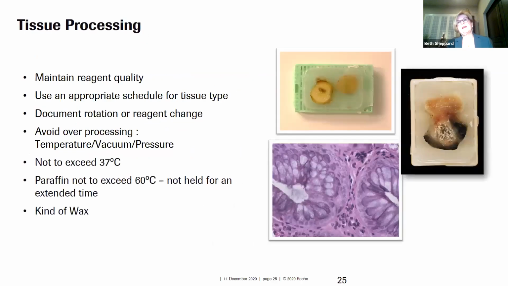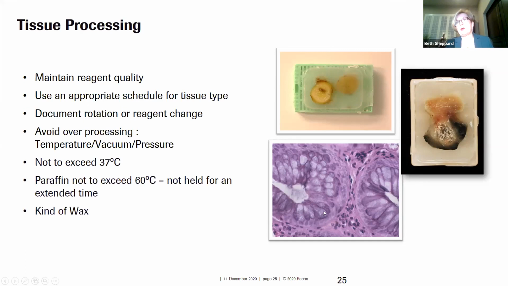Here we see some samples of what happens when we overprocess. The two blocks on the top and the right have been overprocessed, these two here, but here we actually see water that's been put into the sample by not changing the reagents appropriately.